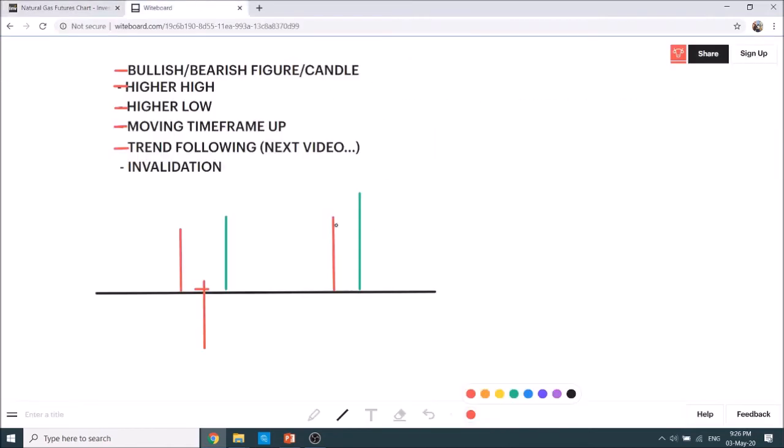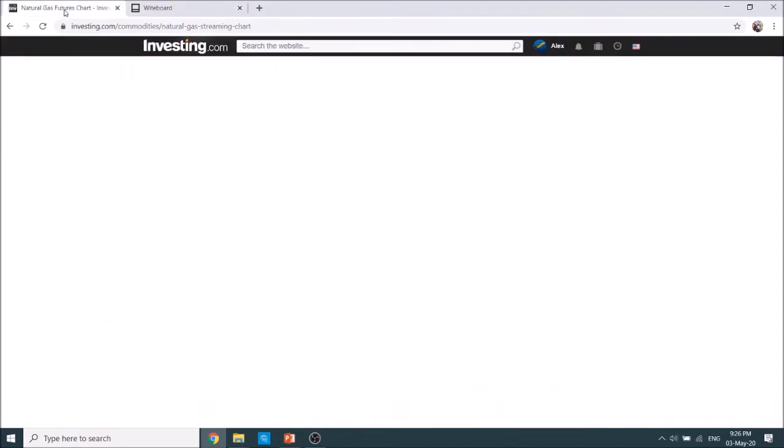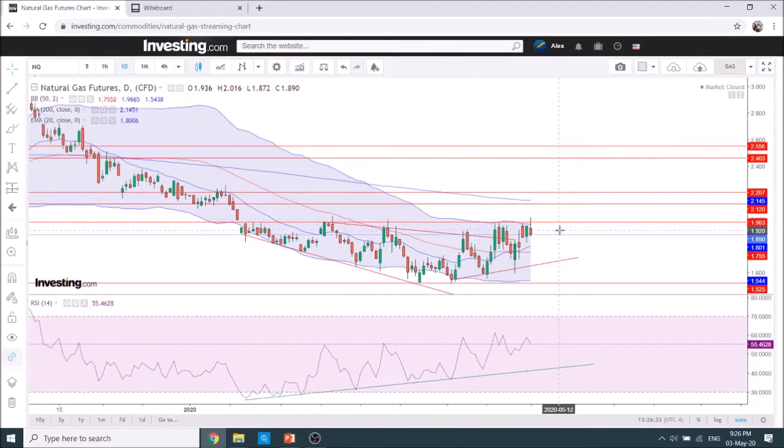And finally, I need to talk about this: in trading, whatever the strategy is, it can always go opposite, and you can always lose the trade, even if the analysis is perfect, divergence in place, all the criteria are ticked off, but still the price can reverse. Take this example here.